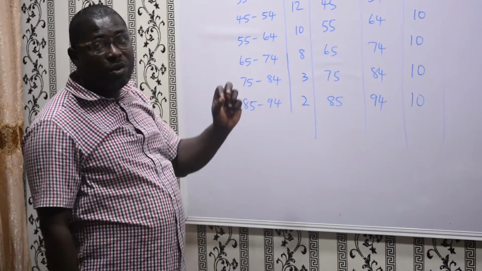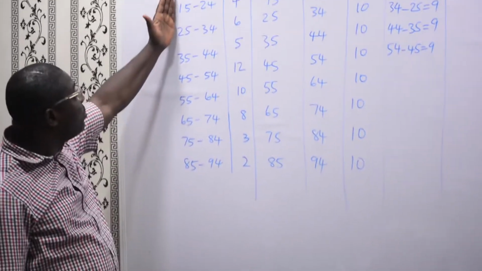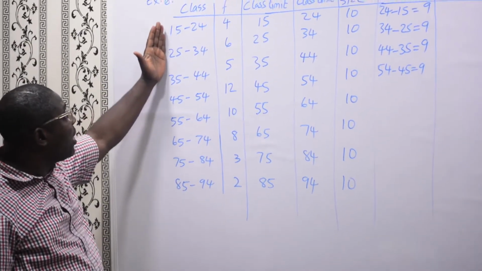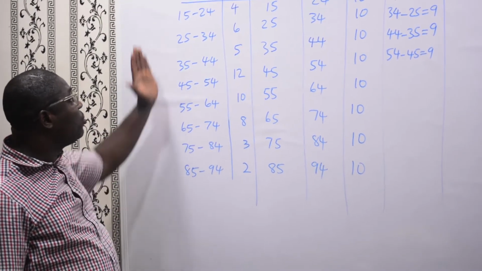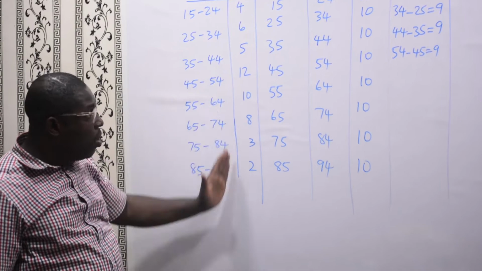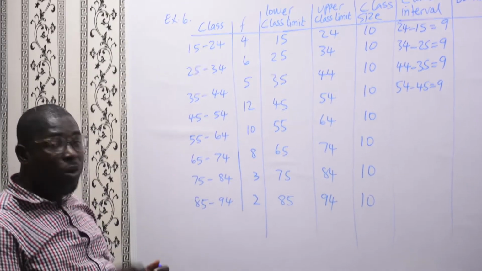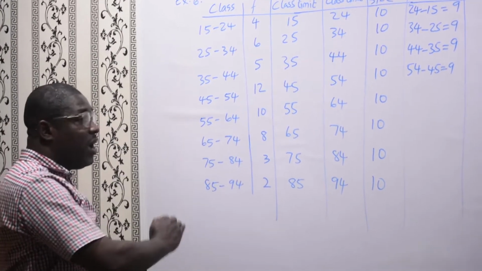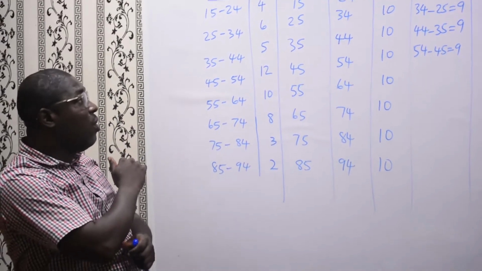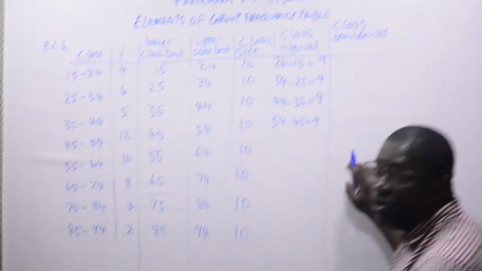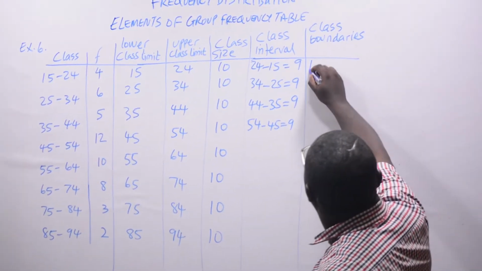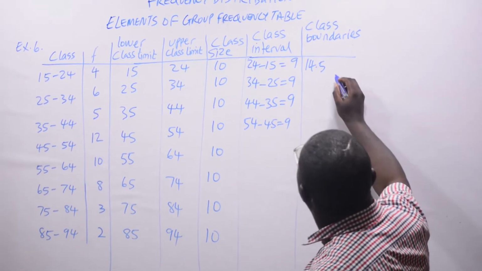That value of 0.5, we will now deduct it from all the lower class limits of all the classes and add to the upper class limit of all the classes. So we are going to do minus 0.5 and plus 0.5 for all the classes. In this case, if we have 15 minus 0.5, we are going to have 14.5.